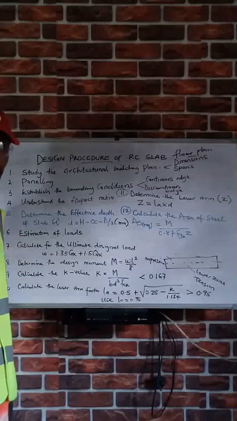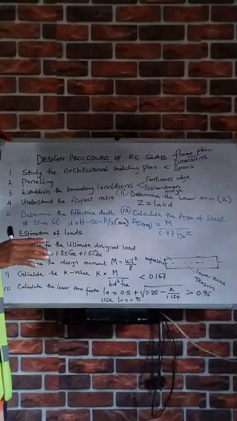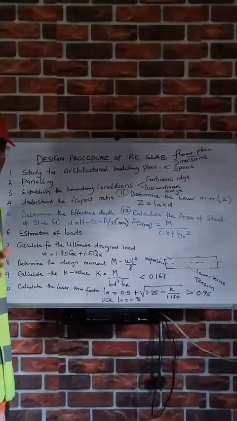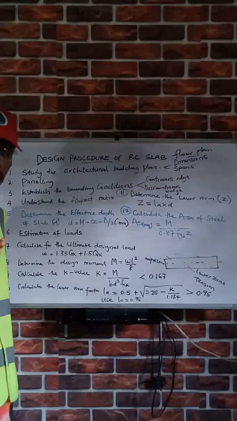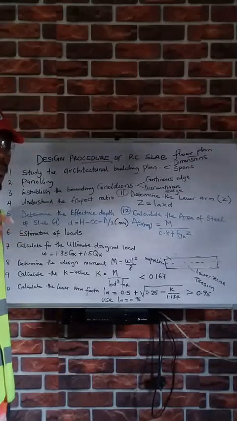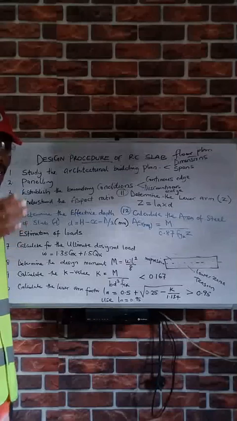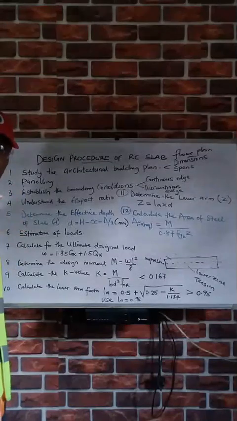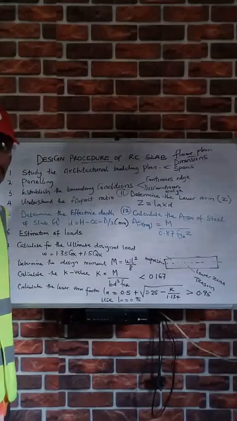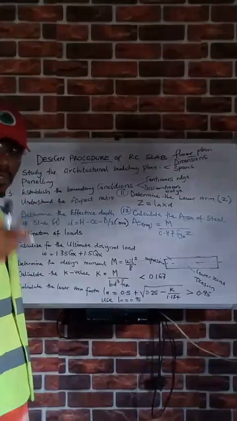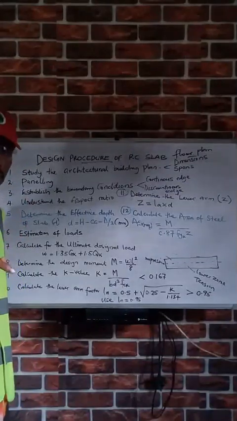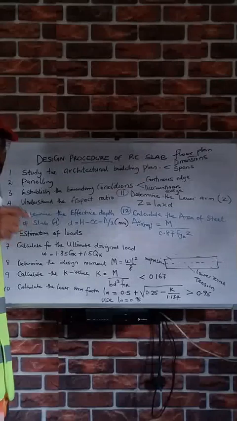In some cases you have default provisions, such as 500 Newton per millimeter square as your default for the strength of reinforcement. If the strength of reinforcement in your location is below 500, you don't design with that default provision. Rather, you change it to the strength that you are adopting.